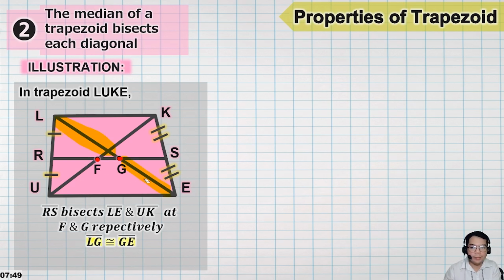At the same time, because our median also bisects UK, that means line segment UF is congruent to line segment FK as well.